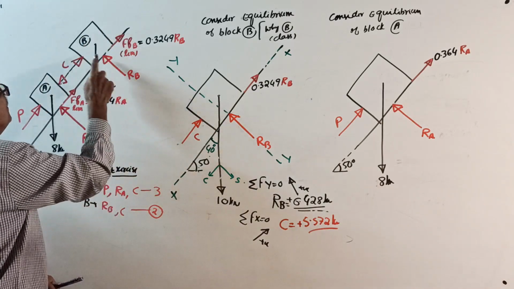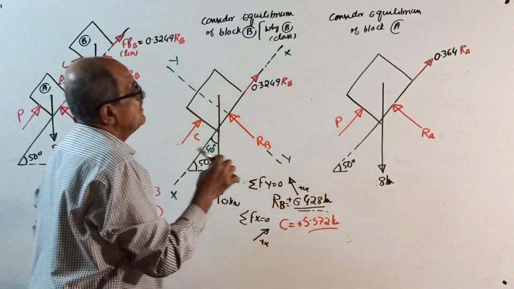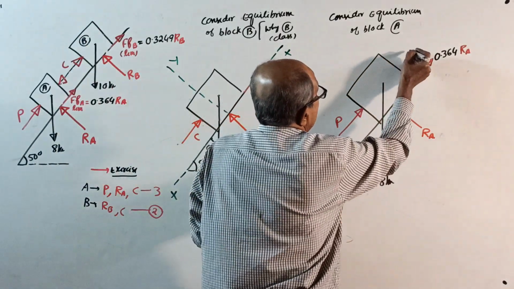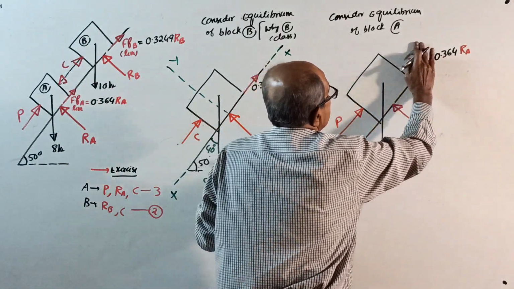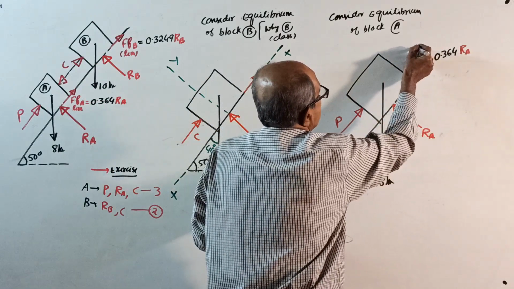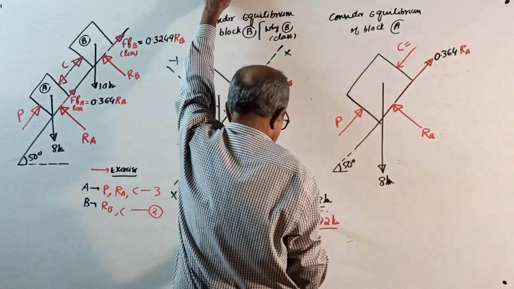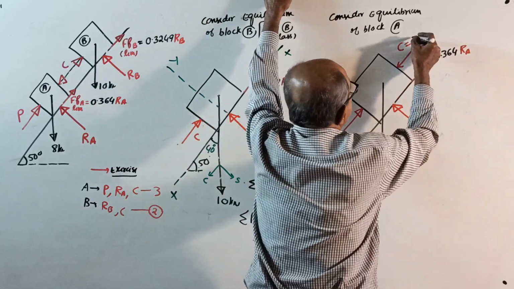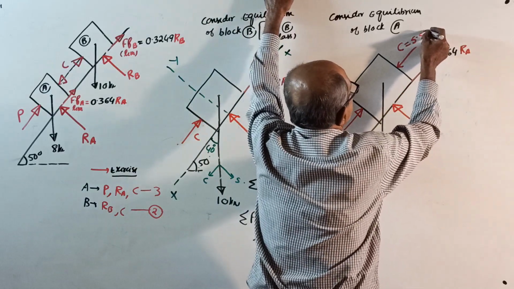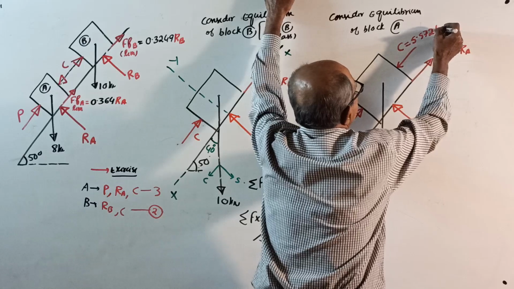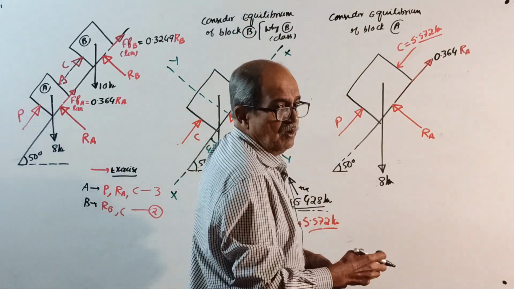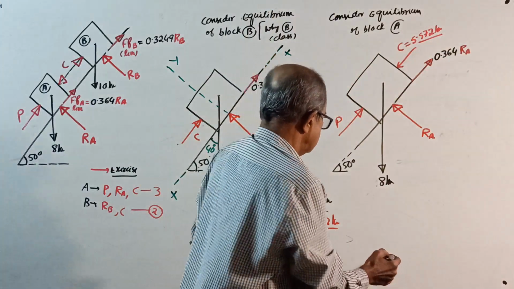And for this block, it is like this. For the lower block, a compression force like this along the plane. And that C is already known to you, 5.572 kilonewton, already known. Okay, now happily solve. Lastly, P will come.